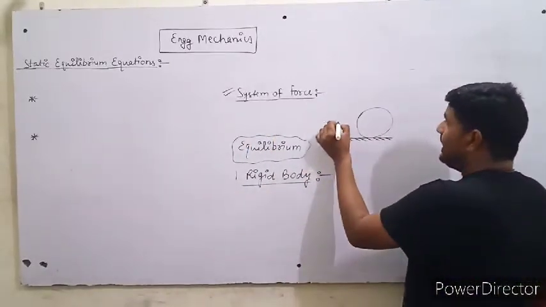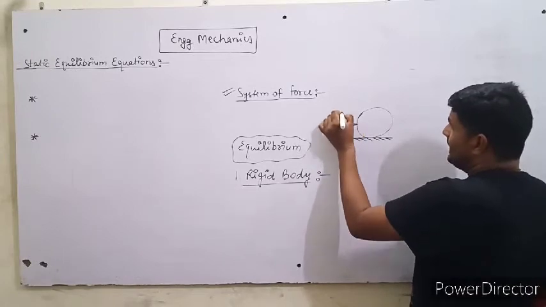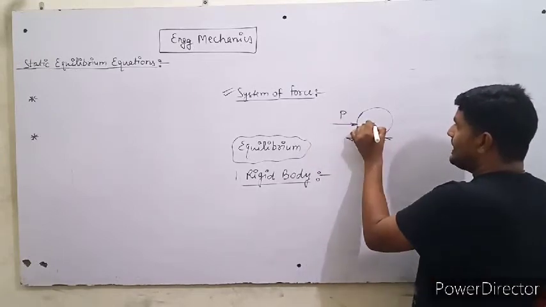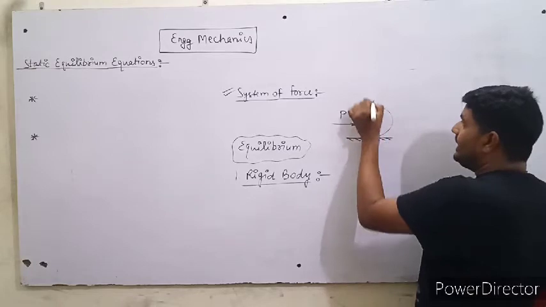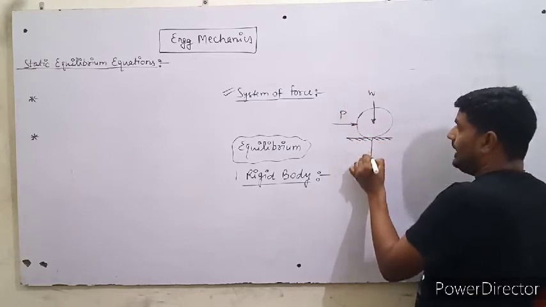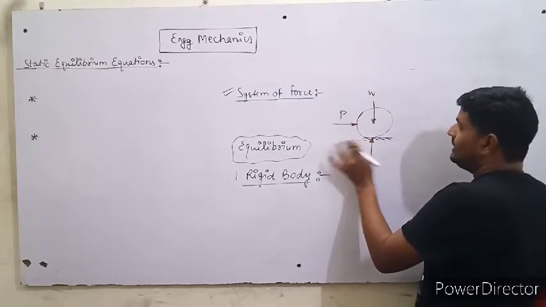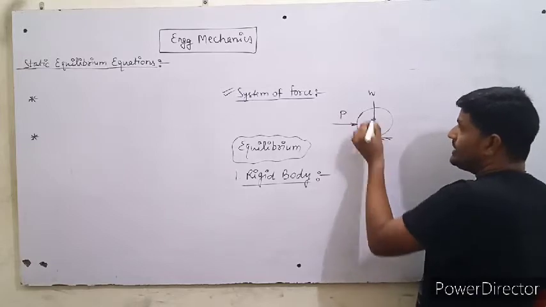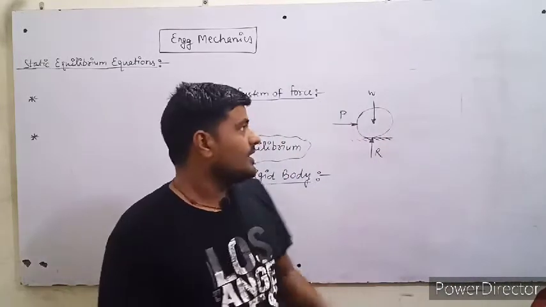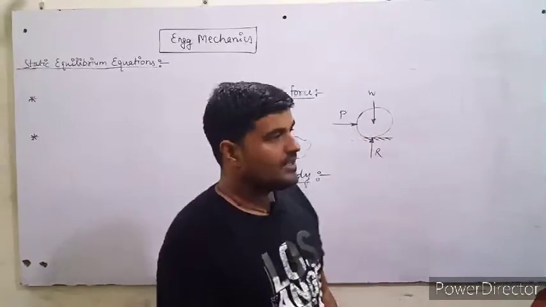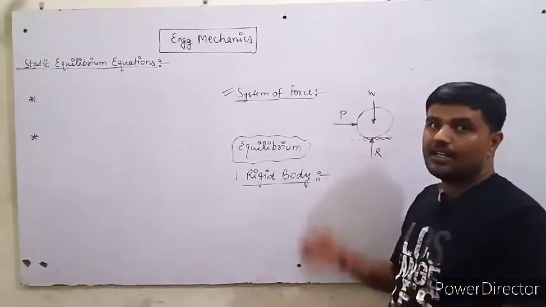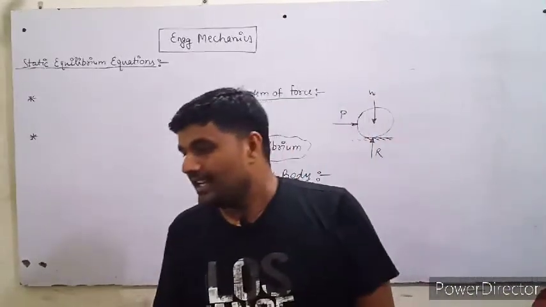If I am applying a force capital P, a self weight of body is acting in downward direction and a vertical reaction will act. So how many forces are acting on a body? Three forces. So we will say a body is subjected to a system of forces.